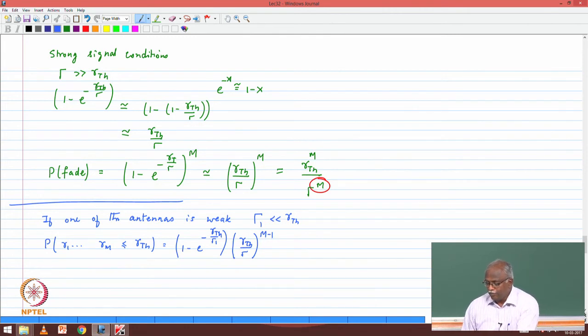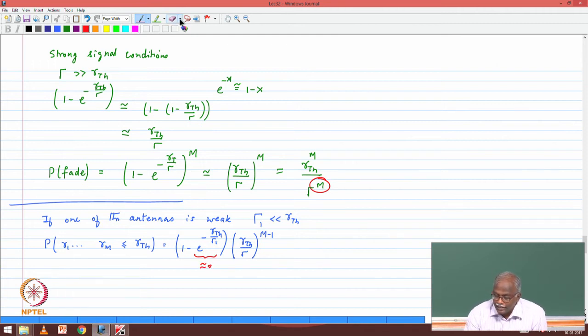The reason I could not make the approximation for the first term is because that approximation is valid only when the exponent is very small. Now, if gamma 1 is much less than the threshold, the exponent is actually much larger than 1. Okay. Now, very interestingly, if gamma 1 is much less than gamma threshold, this exponent becomes negative of a very large number. So, which means that this term is almost 0.